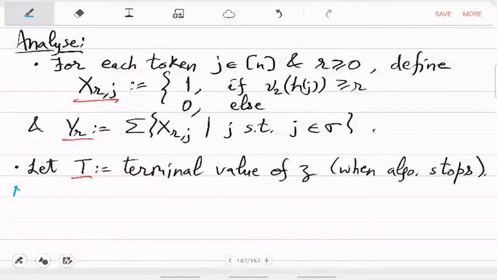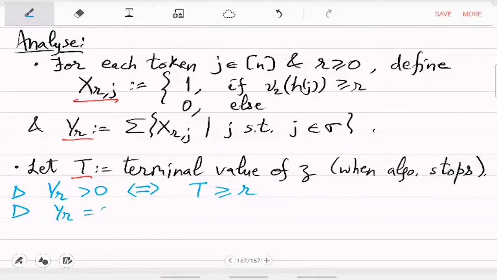The first property is that y_r positive means that there is some j with high valuation. So, the terminal value will be at least r. This also means that if y_r is 0, then t is r minus 1 or less.